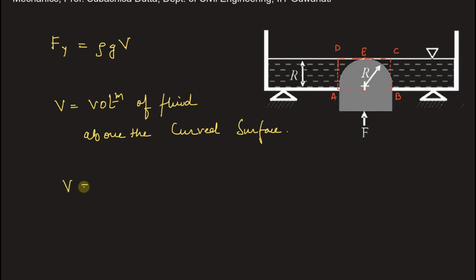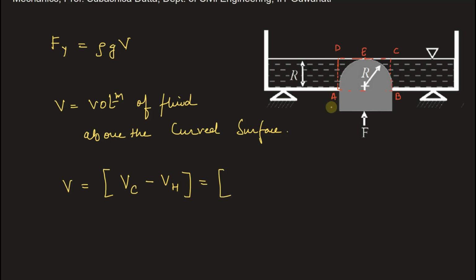This volume can be calculated as the volume of the cube, so let's write Vc for that, minus the volume of this hemisphere, Vh.